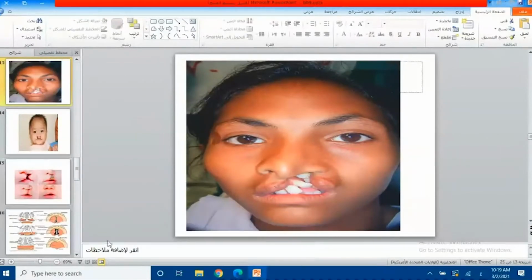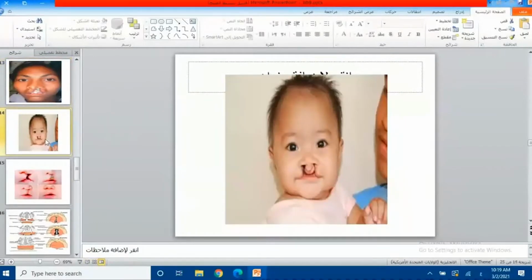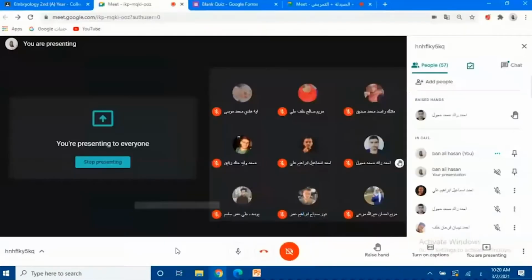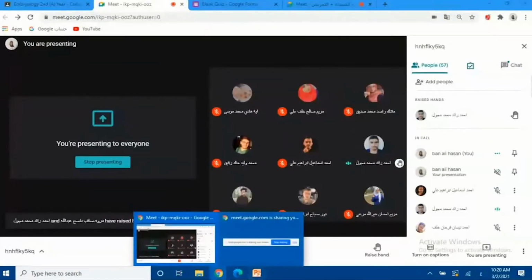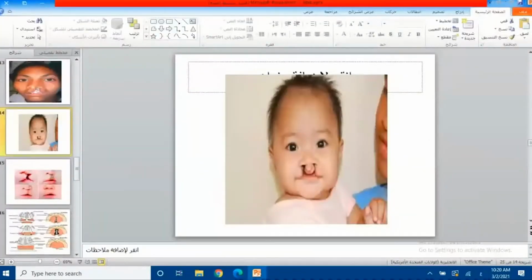Okay, let's continue. What about this case? Who can answer? Please raise your hand. Ahmed Raed. Bilateral. Bilateral cleft of what? Of the nose. It's extended to the nose and the upper lip. Tell me of what?